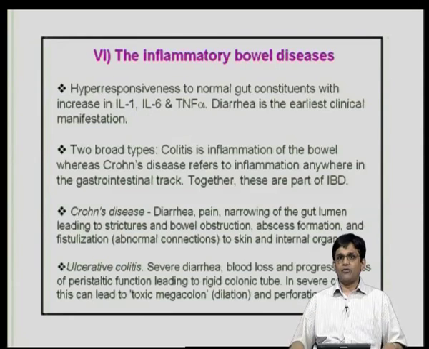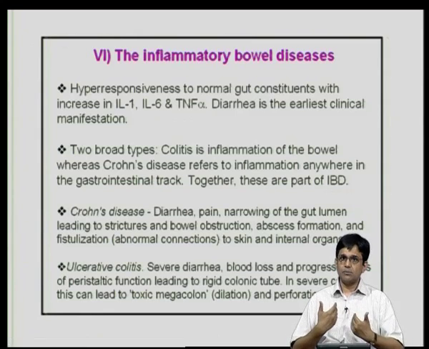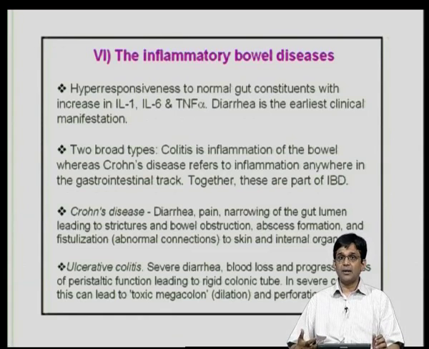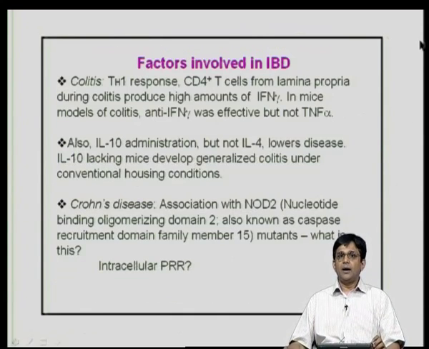Together these form IBD, or inflammatory bowel disease. In Crohn's disease, there is diarrhea, pain, and narrowness of the gut lumen, leading to bowel obstruction, abscess formation, and fistula, which is an abnormal connection between the skin and internal organs. Colitis, on the other hand, has severe diarrhea and blood loss, and results in what is known as megacolon formation, or dilation and perforation. So, a very painful disease.